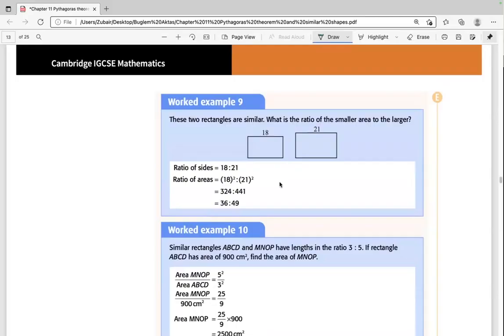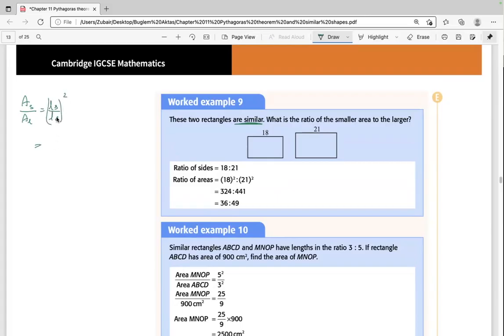Now see, these two triangles are similar. So end of debate, they are similar. It is already given. So what is the ratio of the smaller area to larger area? Area of smaller divided by area of larger is equal to length of smaller divided by length of larger, whole squared.